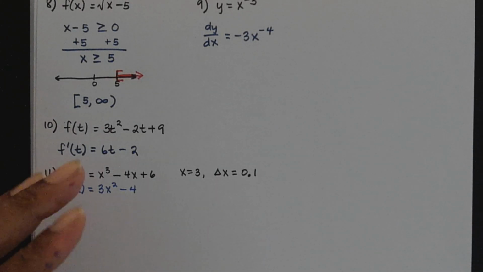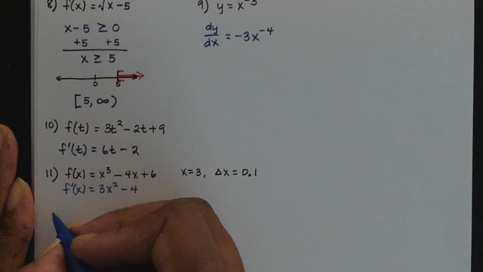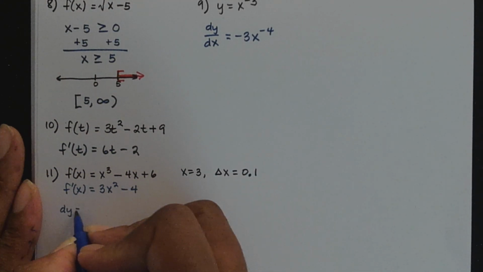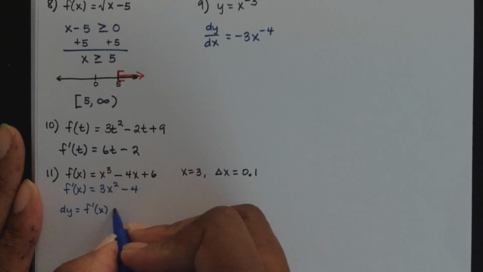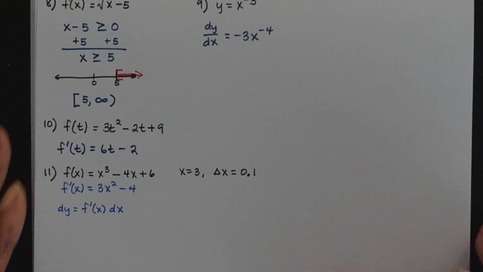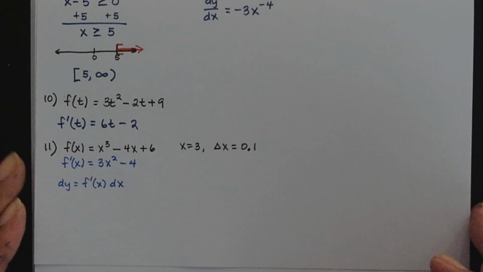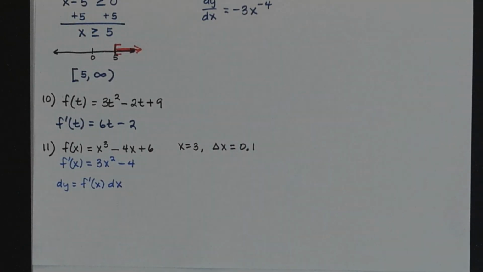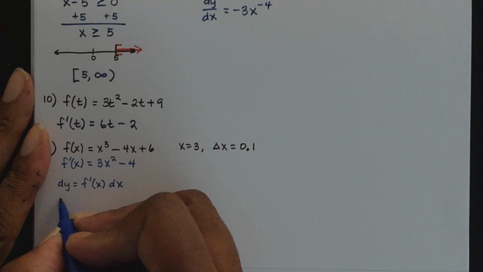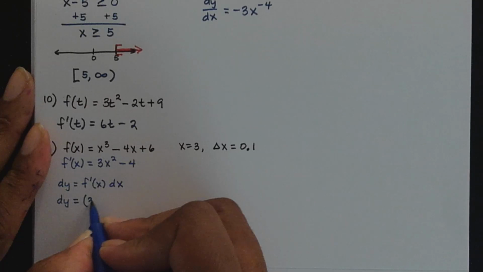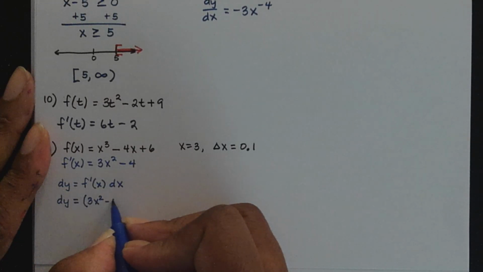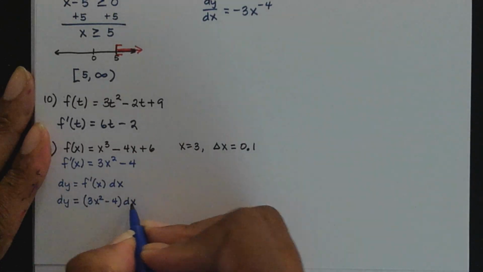We also should know that dy is equal to f prime of x dx. That's when we were talking about differentials, back in section 2.6. So I'm going to bring down this dy, and that's equal to f prime of x, which we found to be 3x squared minus 4, times dx.